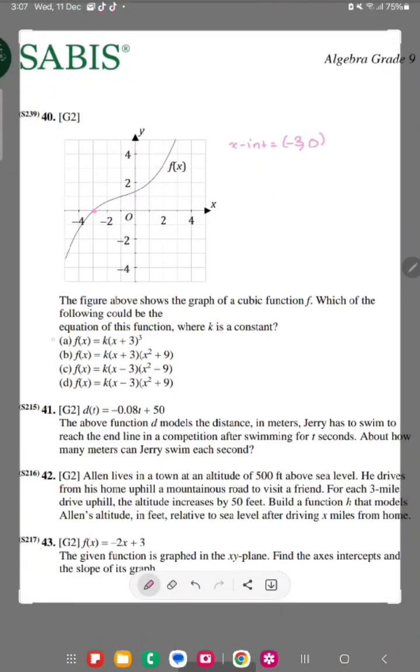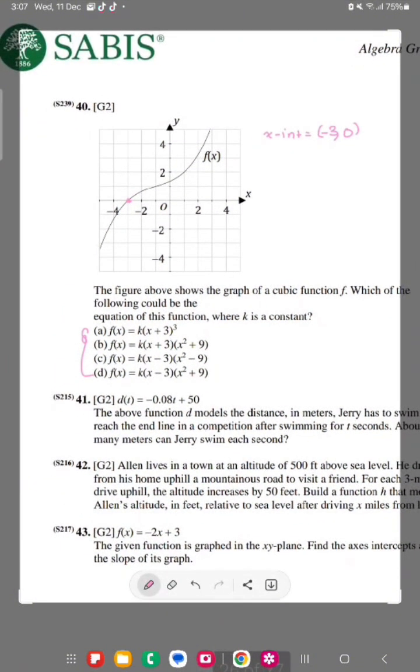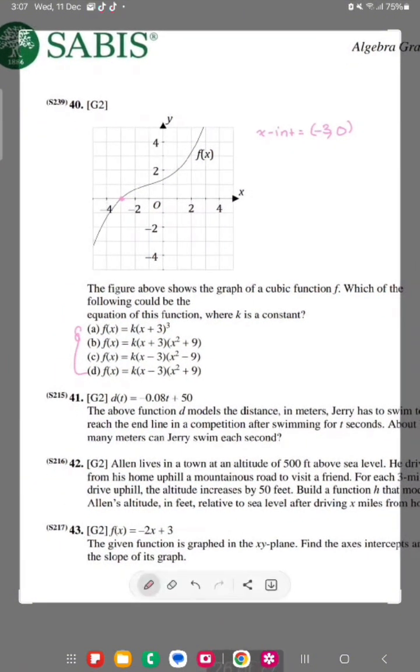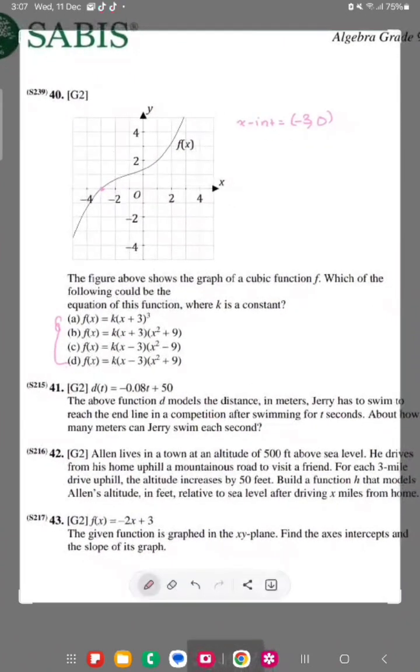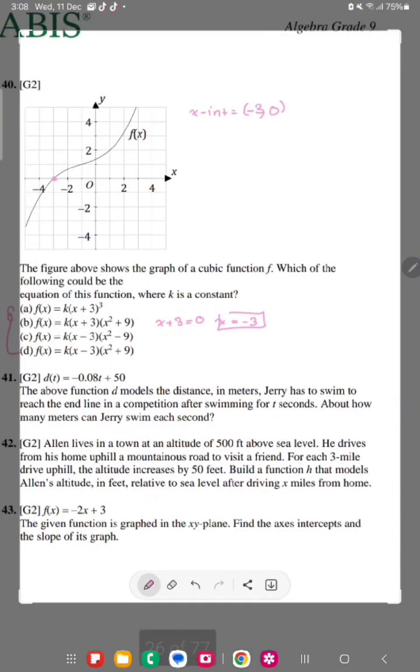Now, you're gonna check all of these and you're gonna wanna find where one of the domains is negative 3. So let's skip the first one. This one, it's gonna be x plus 3 is equal to 0. So x is equal to negative 3. So this is correct.